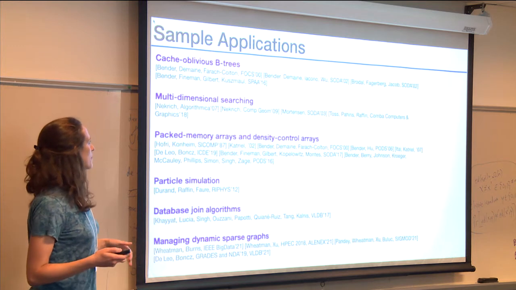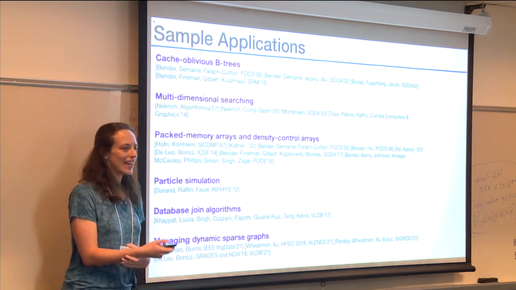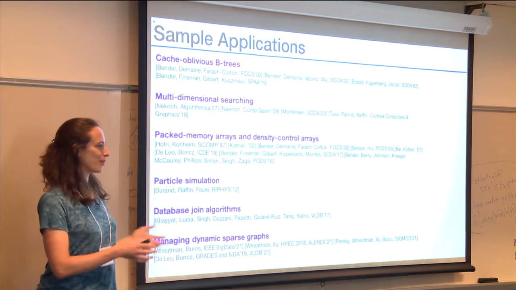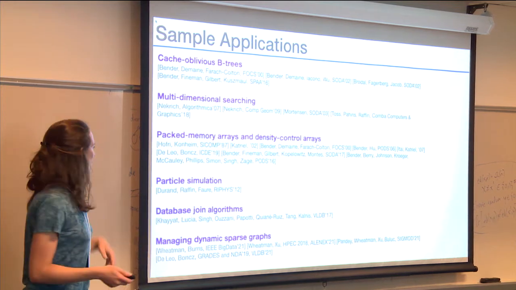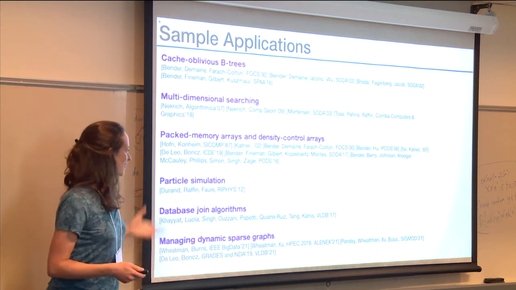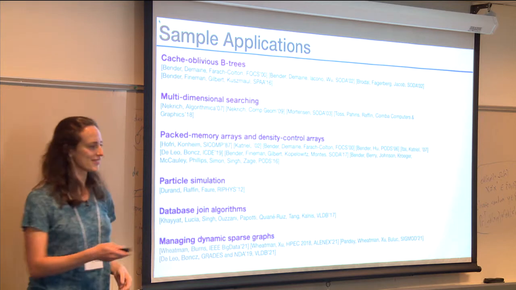Probably the most well-known application is cache-oblivious B-trees, and a result that I'll mention in this talk immediately implies improved bounds for cache-oblivious B-trees. It has also had a number of applications in different areas, some in theory and some in databases and other areas of practice.